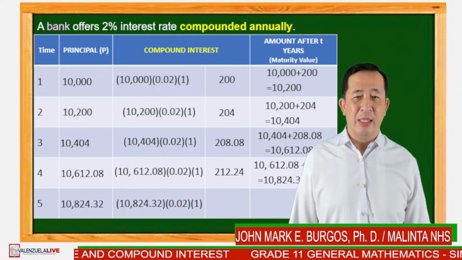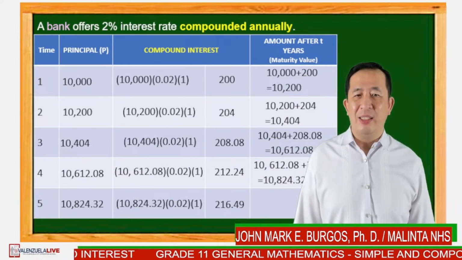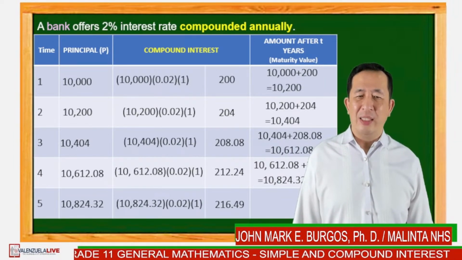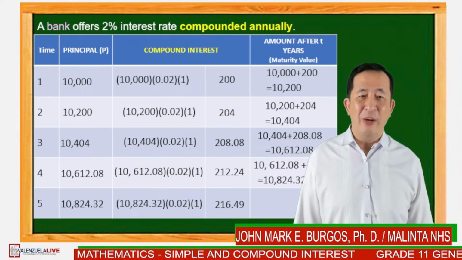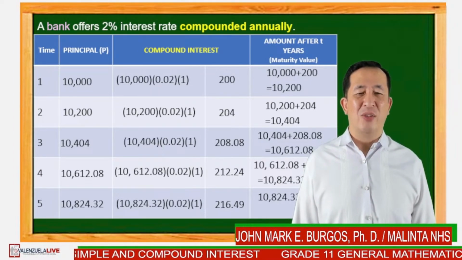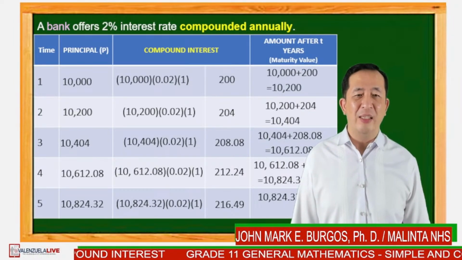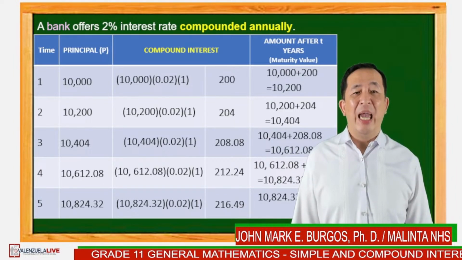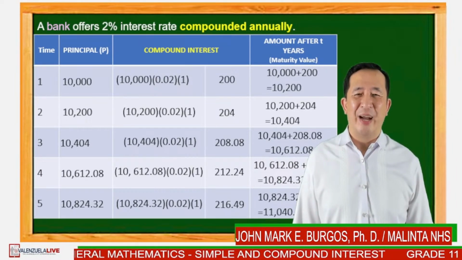The interest now, or the compounded interest, will be 216 pesos and 49 centavos. Add 216 pesos and 49 centavos to the principal in year 5, it will be 10,824 pesos and 32 centavos plus 216 pesos and 49 centavos. The maturity value on year 5 will be 11,040 pesos and 81 centavos.